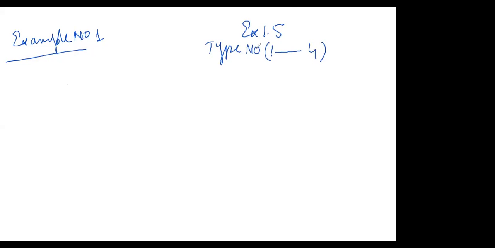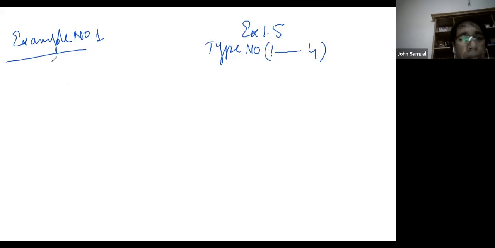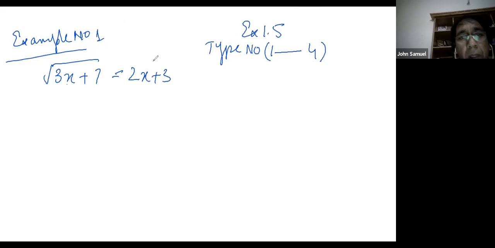Let me write the example question: square root of 3x plus 7 is equal to 2x plus 3.